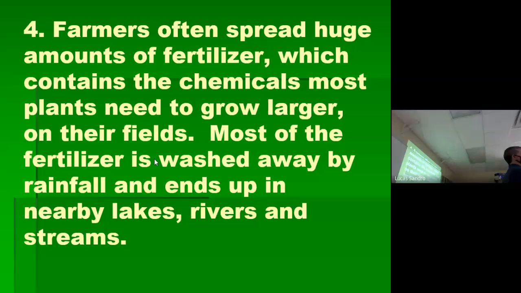Anybody know? The numbers on the bottle, if you just use Miracle-Gro or whatever, it's called the NPK ratio. And it'll just be three numbers. And it tells you basically how much of the three elements it has. One of them is nitrogen, absolutely. That's the N of NPK. And what's P?